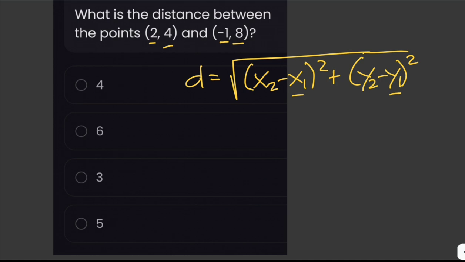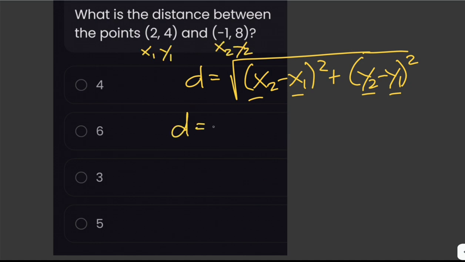where x sub 1 and y sub 1 are the values of the first point, or either of the given points, and then x sub 2 and y sub 2 are the coordinates, or the values of x and y, of the other point. So let's say our x sub 1 is this one, and this is y sub 1, and this one x sub 2, y sub 2.